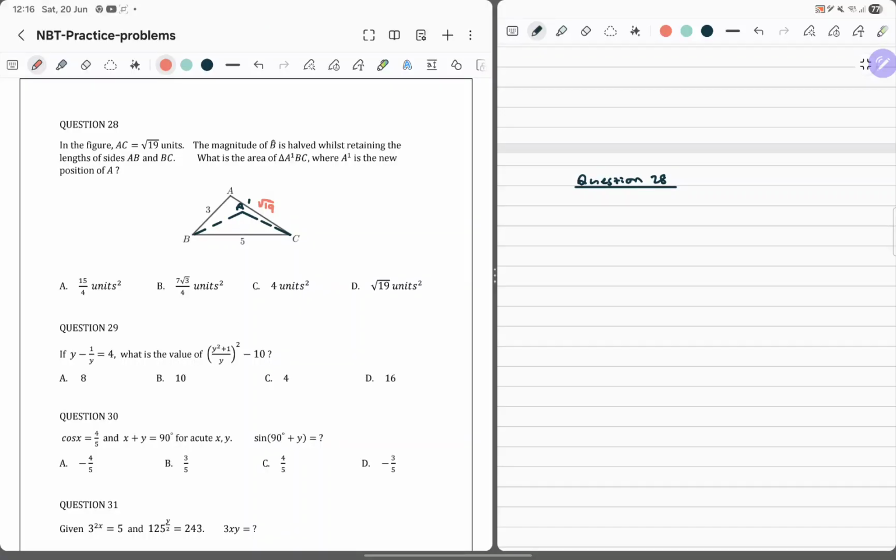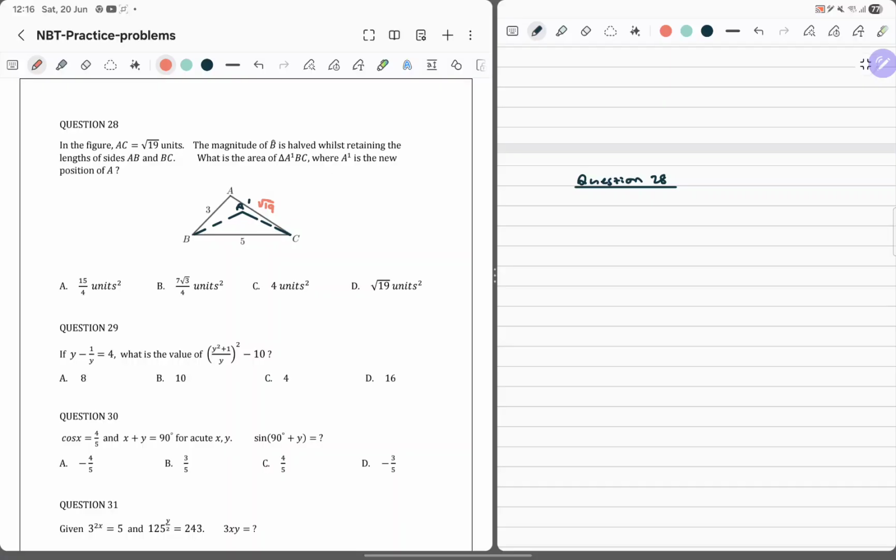Now I'm thinking the best way to find the size of B is to use the cosine rule first. But I'm a bit skeptical. Do I need to? I don't think I have a choice at all.